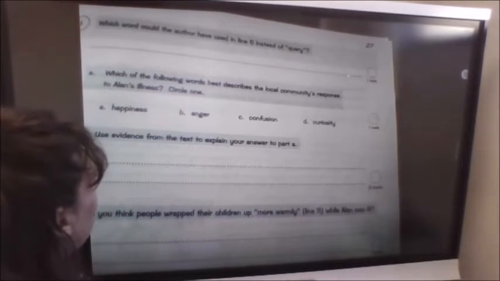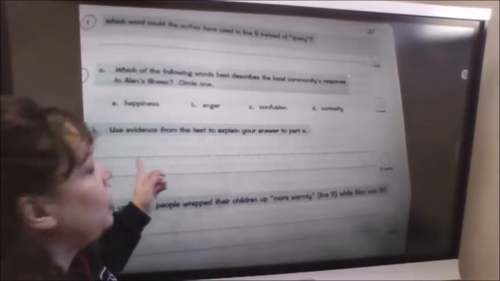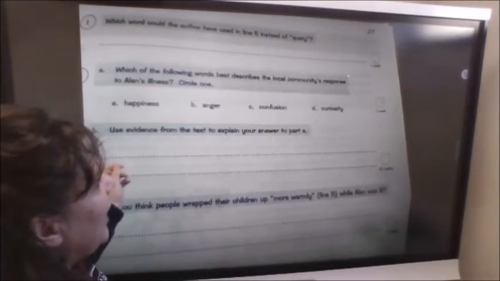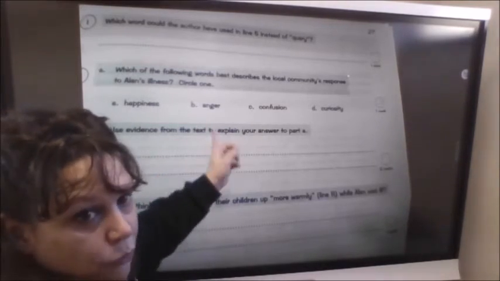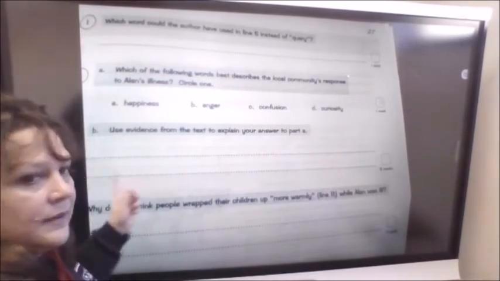Okay, so use evidence from the text to explain your answer to part A. So if you've chosen the right bit, you need to then say, I chose whichever word you've chosen because it says in the text, this means.